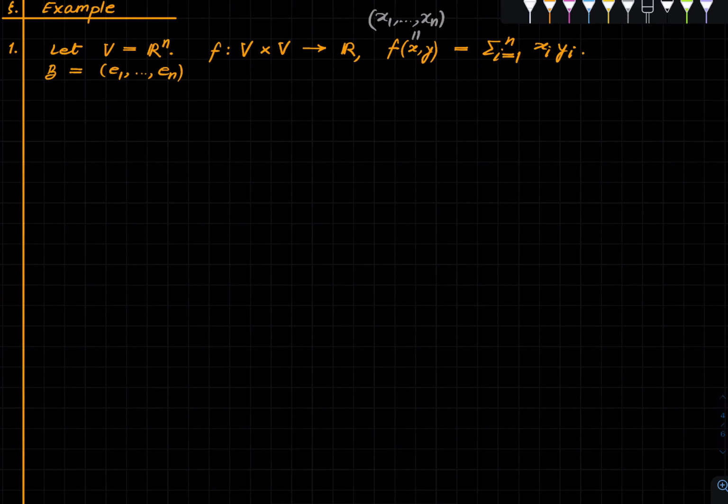So with respect to the standard basis, what is the matrix of f? The matrix of f with respect to the standard basis is the identity matrix. And this is an exercise. Right? So the diagonal entries are all 1 and everything except the diagonal entries is 0. Prove it, it's very easy.